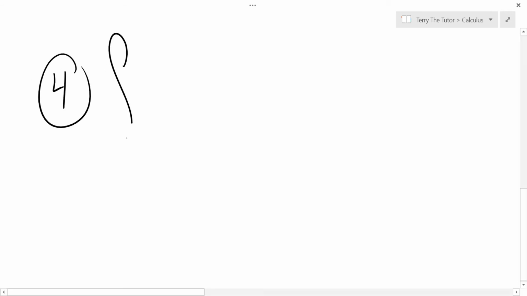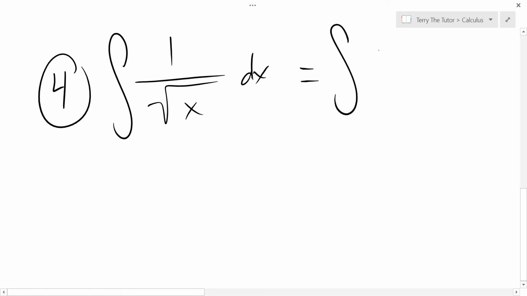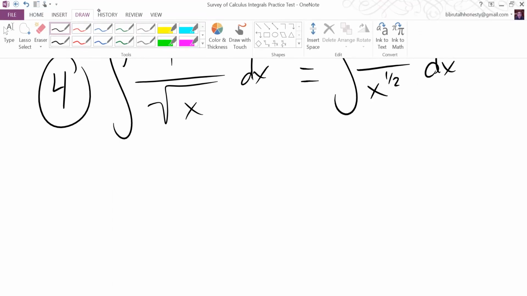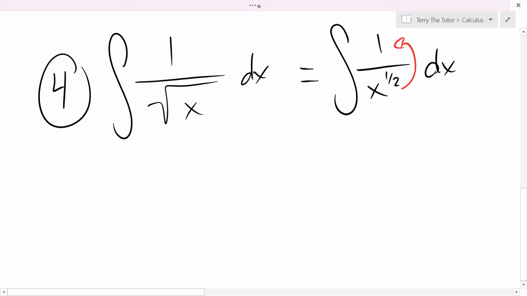For 4, we've got the integral of 1 over the square root of x dx. Well, we're going to rewrite the square root of x as x to the 1/2 power. So we've got the integral of 1 over x to the 1/2 power dx. And then we're going to pull up our x to the numerator.